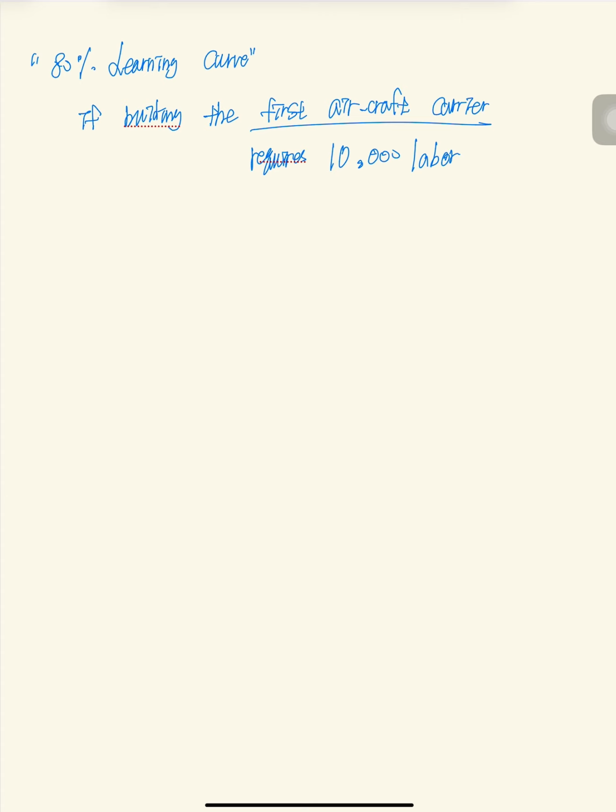If building the first aircraft carrier requires 10,000 labor hours per unit, we assume that.